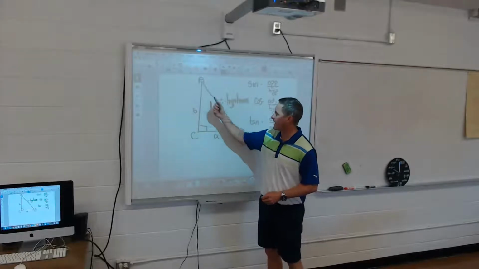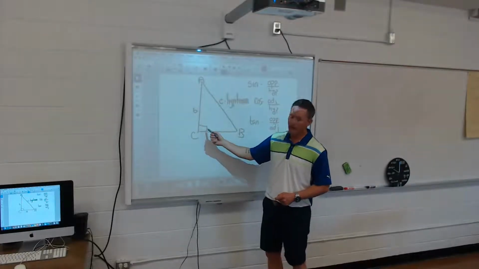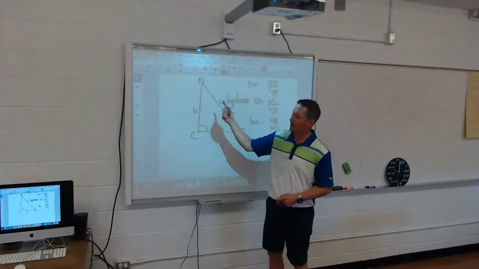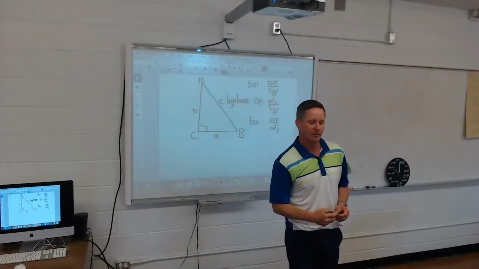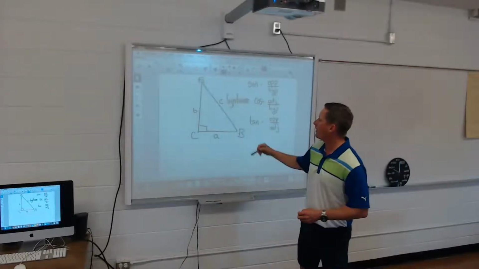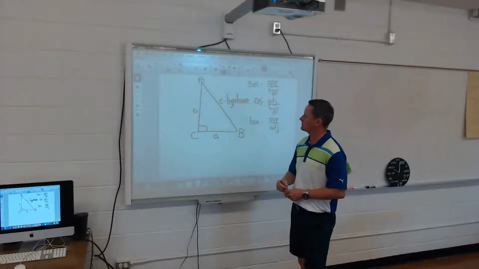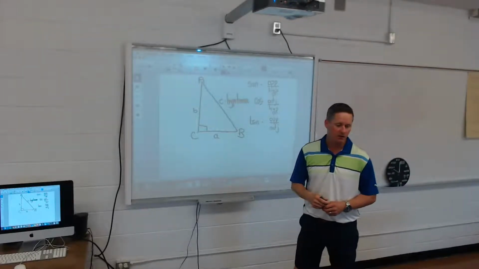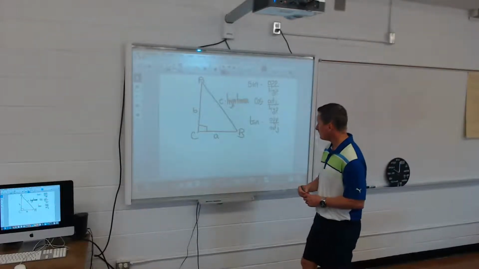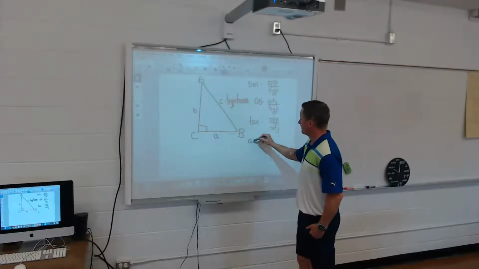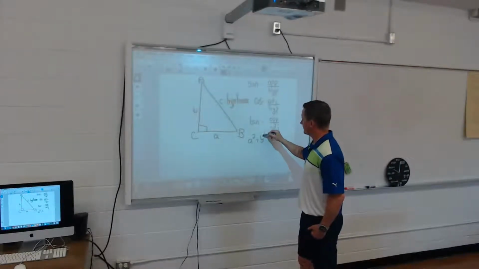All three angles add to 180, and if this one's 90, then the other two have to add to give you 90, so they both have to be smaller than that. So our hypotenuse in our triangle is always the one that's across from the right angle, and it's always the longest side.